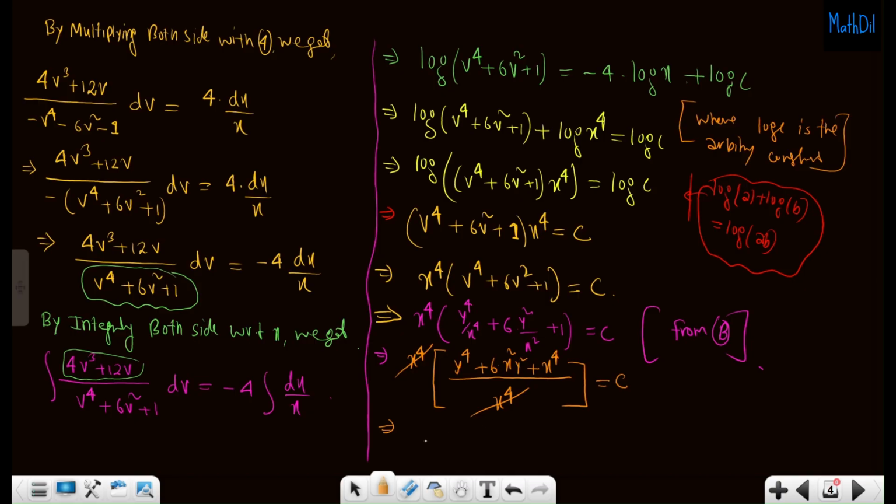So what is the remaining? The remaining one is x to the power 4 plus 6x square y square plus y to the power 4 is equal to c, right? Where c is the arbitrary integrating constant, right? And this is our final answer.